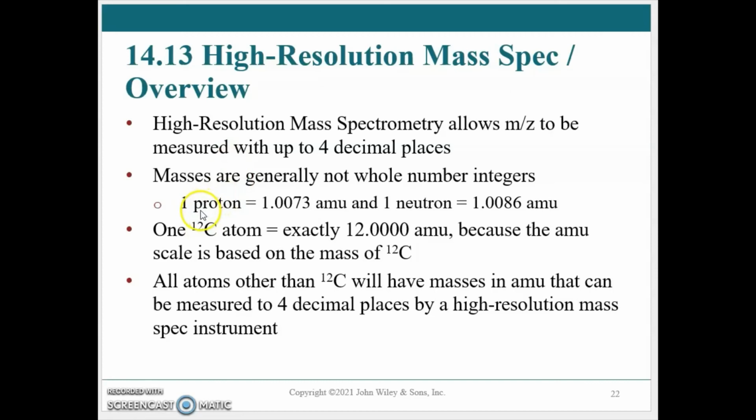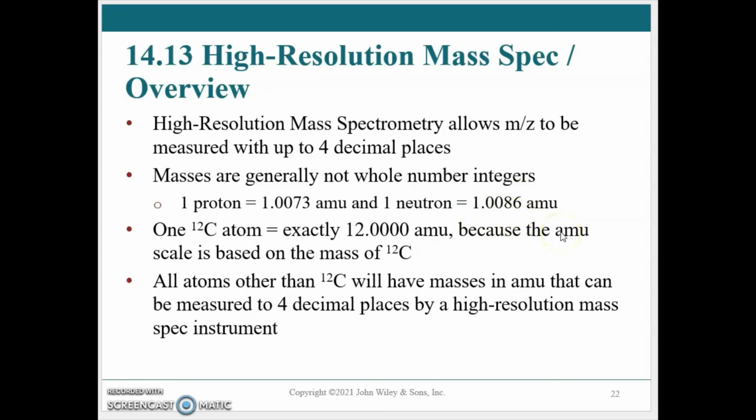But you recall that a proton, while we say it nominally has a mass of 1, has an actual mass of 1.0073 atomic mass units, and a neutron nominally also 1, but with a different mass when going out to 4 decimal places.